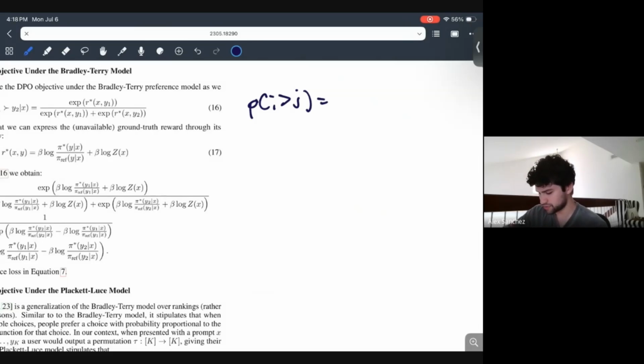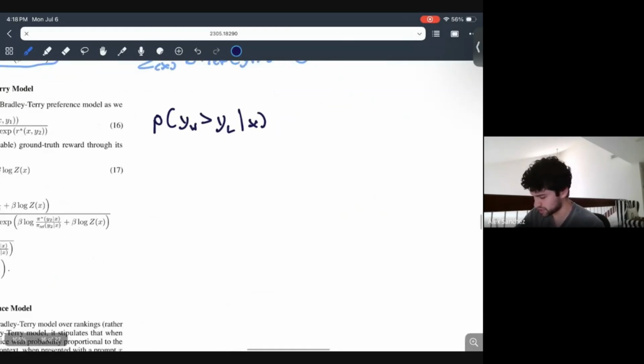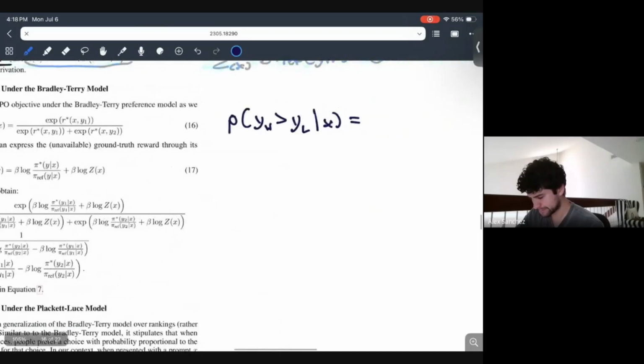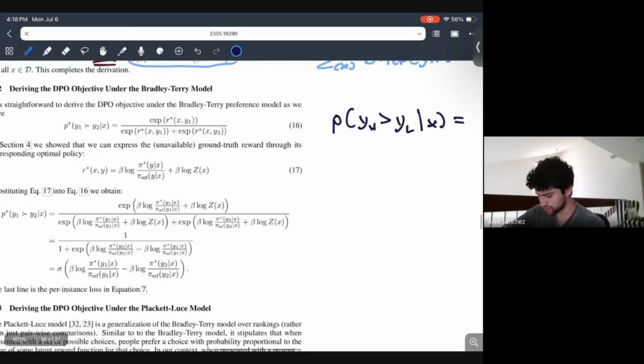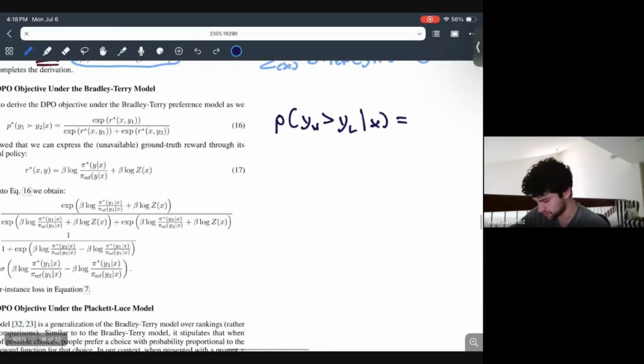In this instance, it's just the probability that y winner is greater than y loser given x. If you remember, the Bradley-Terry we used was this, but the original Bradley-Terry is this right here.